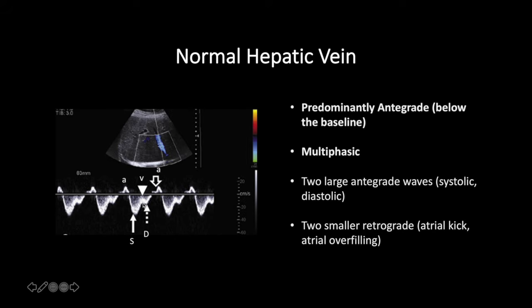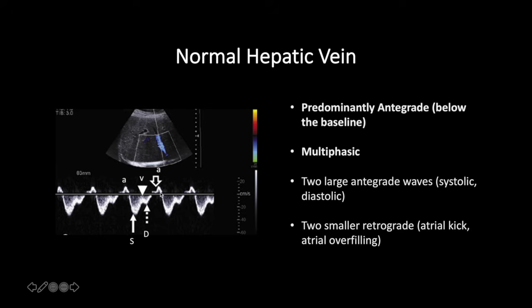So in diastole now, the D, you have a second hump where there is even more filling of the atrium, and you have more antegrade filling of the atrium. So that's where you get the atrial kick, systolic filling, overfilling of the atrium, and then the valve opens, and then you can fill in diastole a little bit more, and then you have a repeat.